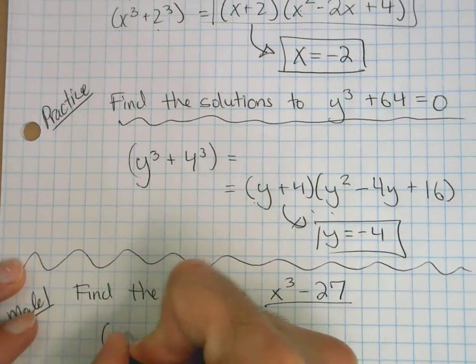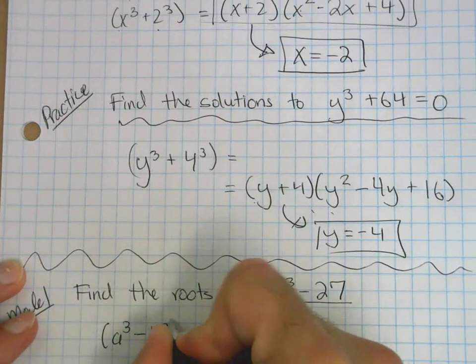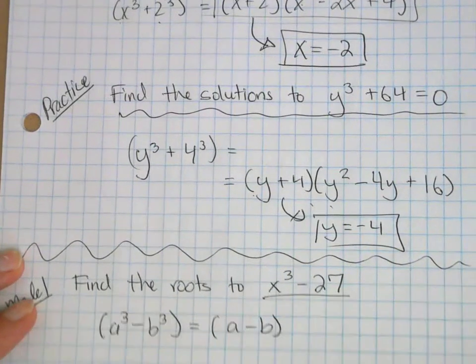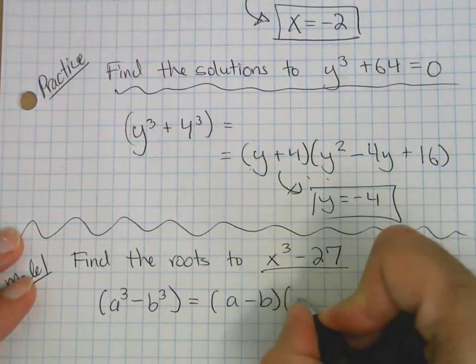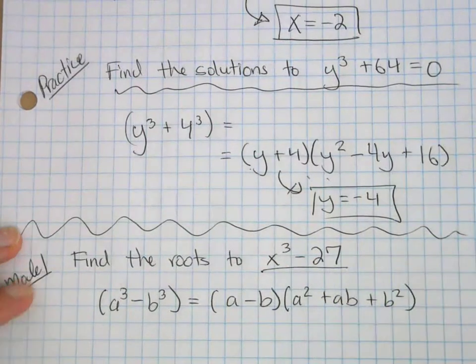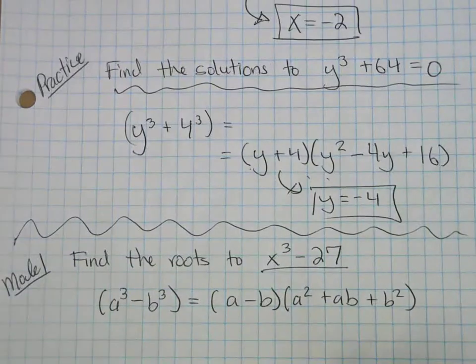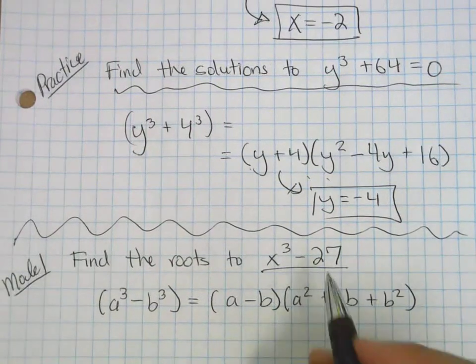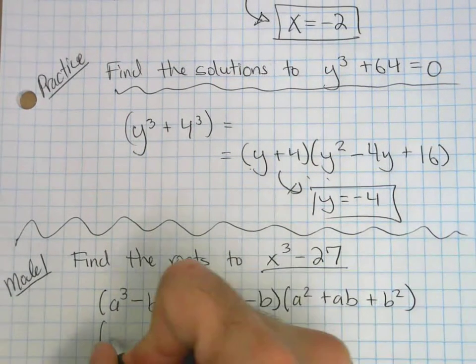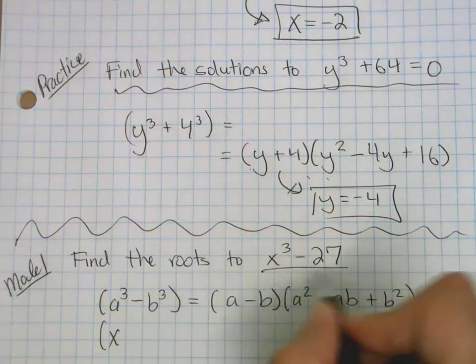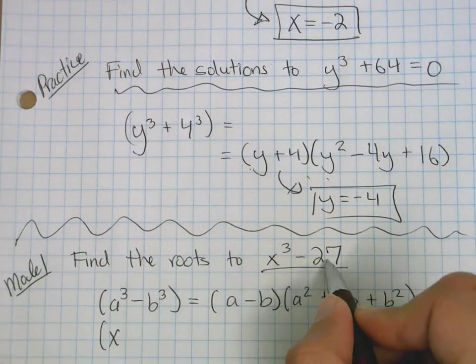A cubed minus b cubed equals a minus b times a squared plus ab plus b squared. And this will help me find the roots. In this example, I could say that a represents x, and that b is represented by, how can I rewrite 27 as a cube? 9.